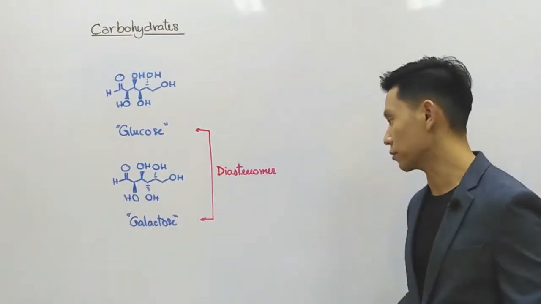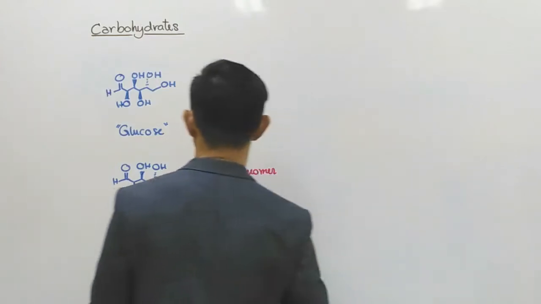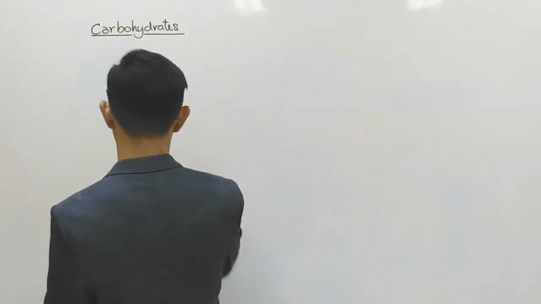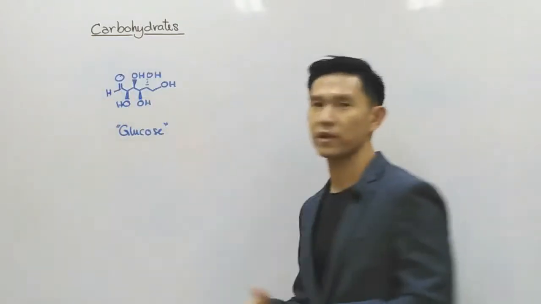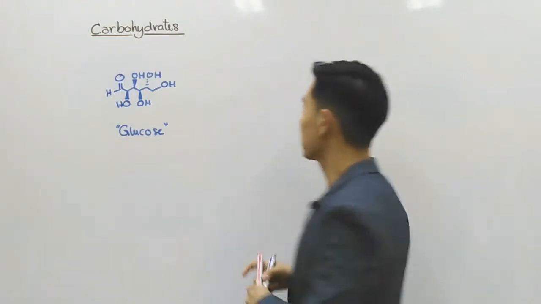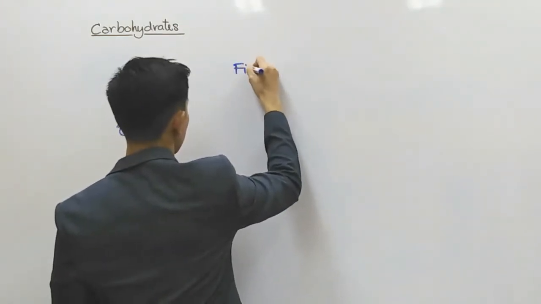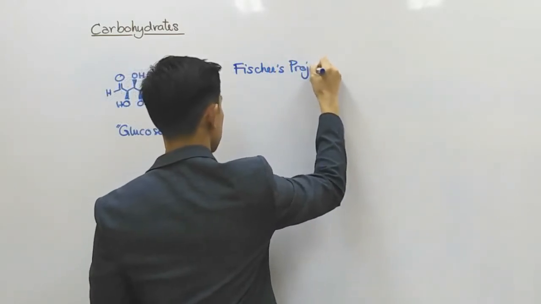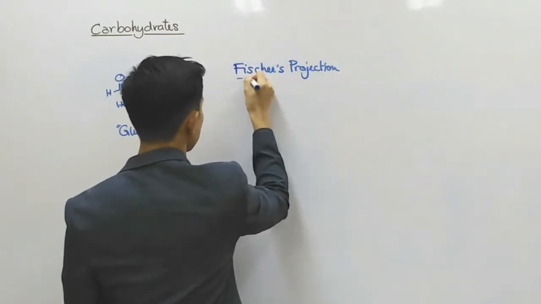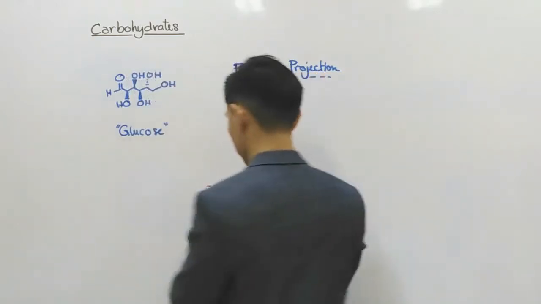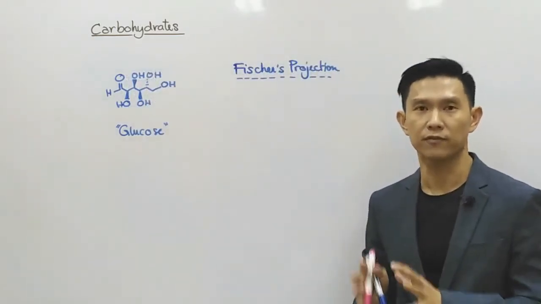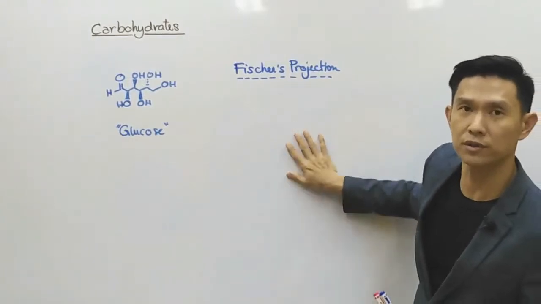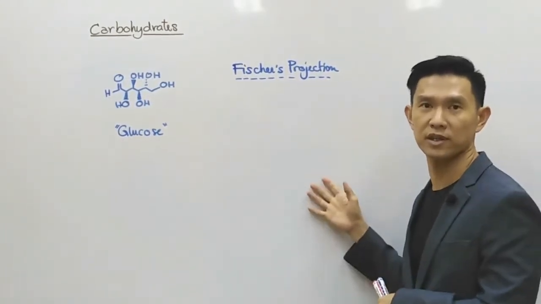To make it more simple, there is another way of drawing these saccharides, which is called Fischer projection. It's simple. Simply project the three-dimensional picture onto the two-dimensional whiteboard here.